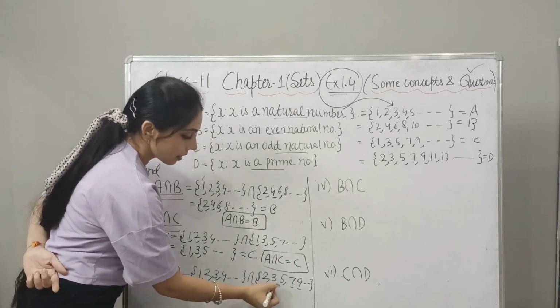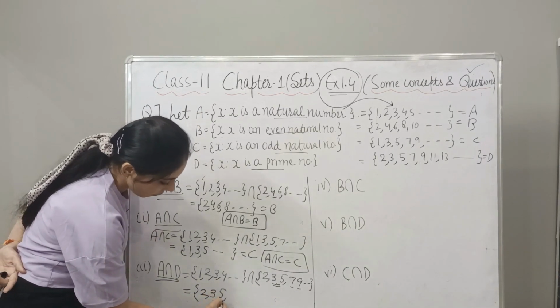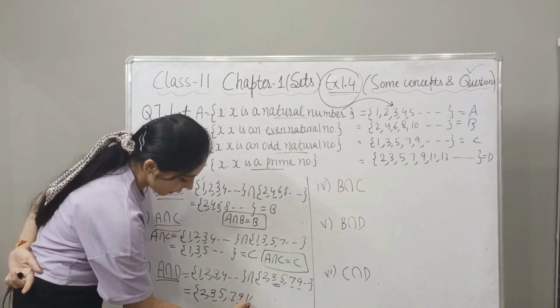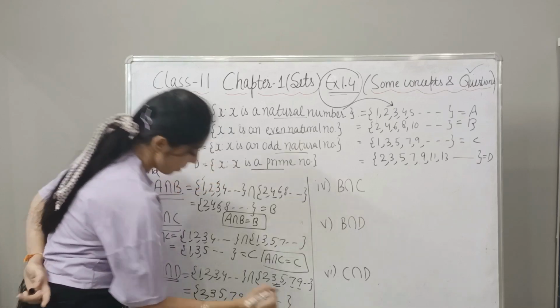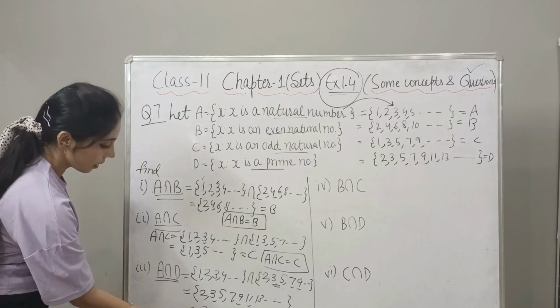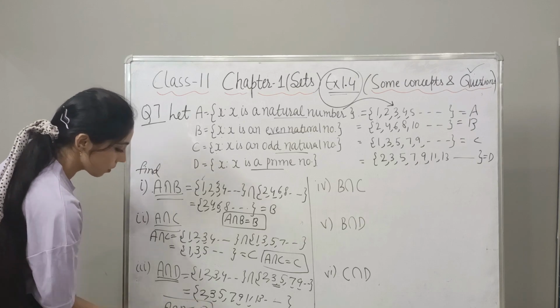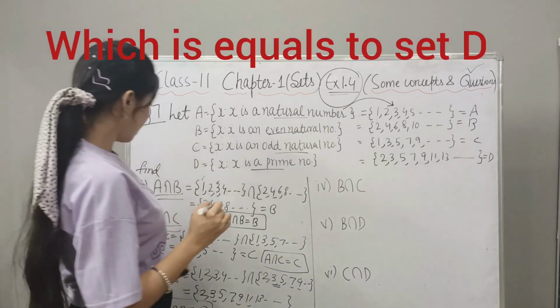So this will be the intersection 2, 3, 5, 7, 9, 11, 13 and so on. So this is set D. So again we get A intersection D is equal to D. This is the third part.